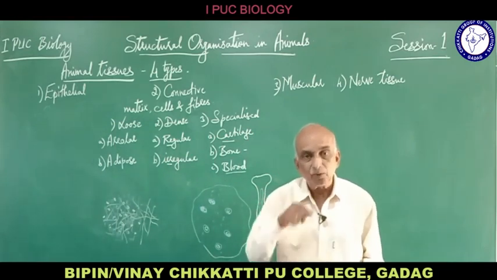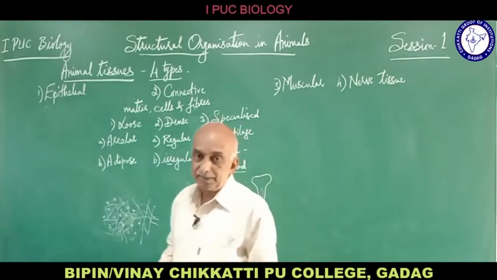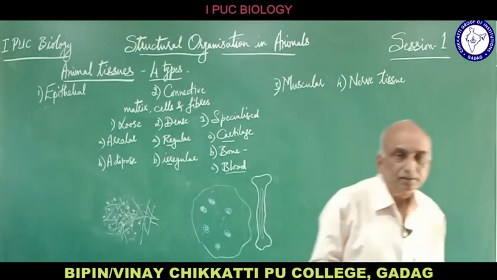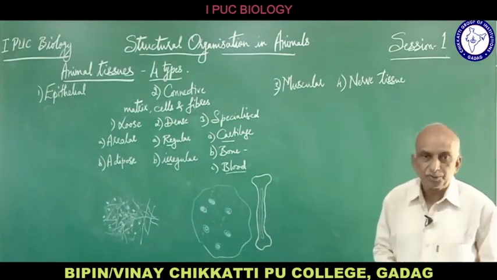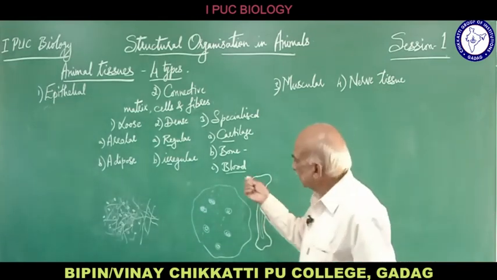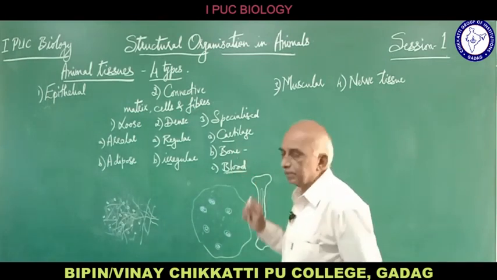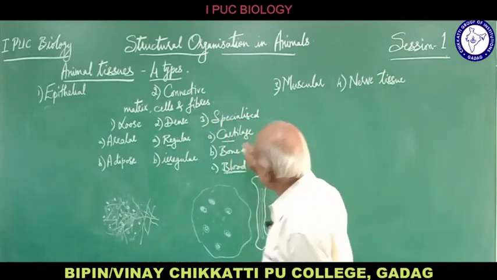Platelets are also non-nucleated, but they are smaller than RBC. These platelets help in the blood clotting process. So the blood clotting process is brought about by the platelets. That is the function of the platelets. So that is about the structure of the blood. These are the three specialized connective tissues which we can mention.